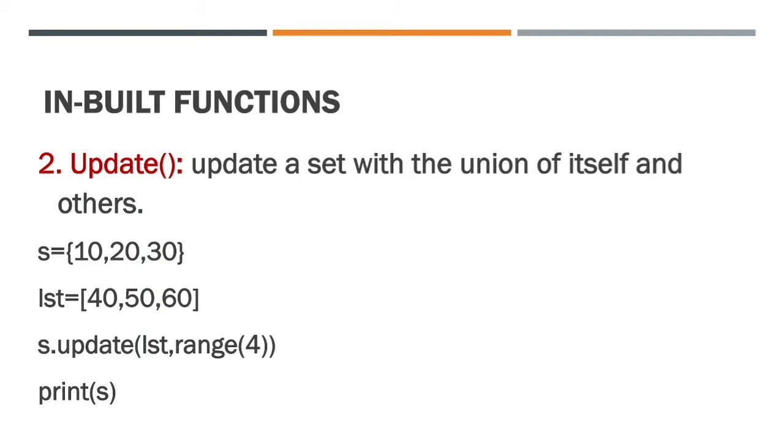At the output, I will be expecting a set that will have the values 10, 20 and 30 from S, 40, 50 and 60 from the list, and also the output of the range function. Range is a function which gives values 0, 1, 2 and 3, right? So it just unions the values of list and range into S, right?